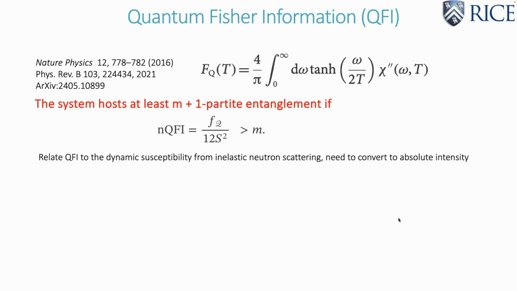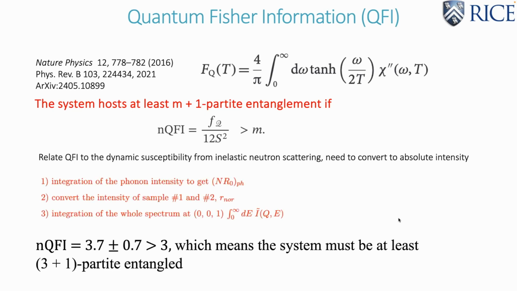So in order to do this, we convert the neutron spectrum to absolute units, and we measure the photon and do this conversion, and our result is the quantum Fisher information larger than 3, which means the system must be at least 4 particles entangled.